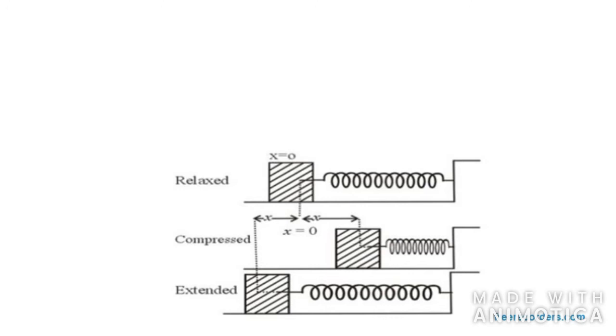Now, when you compress this, the potential energy will be stored in the spring. When we remove the force, it will lose all the potential energy and will be extended more towards the left side. So this is the potential energy of a spring.